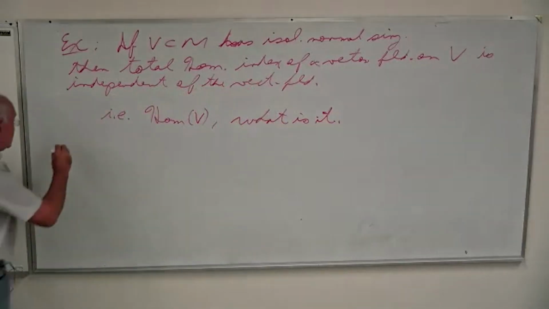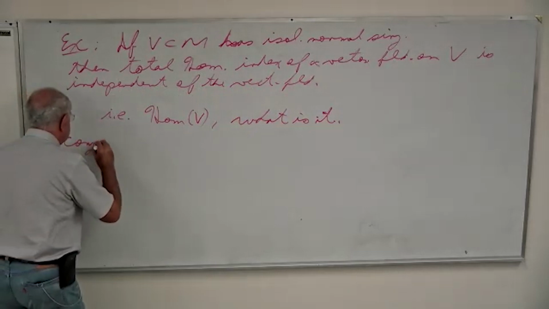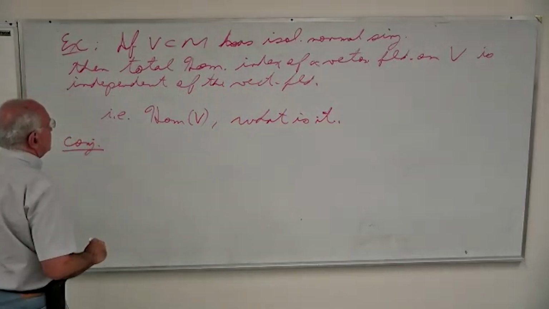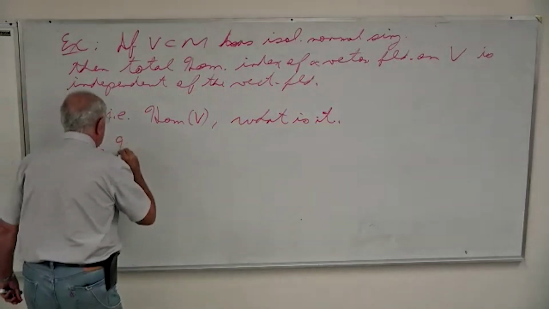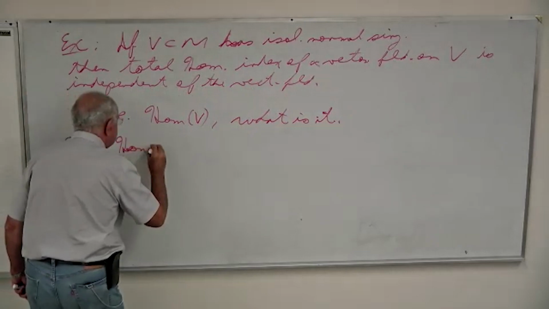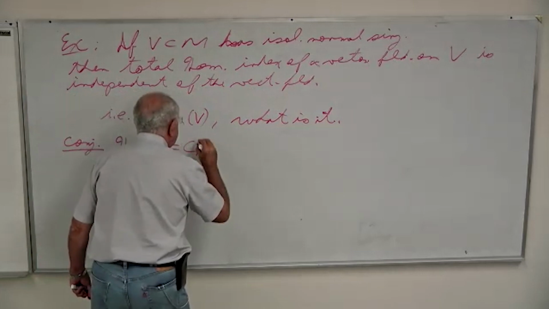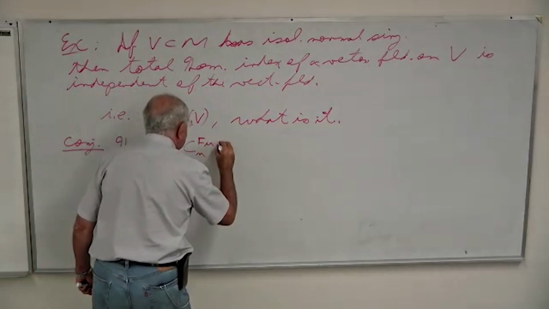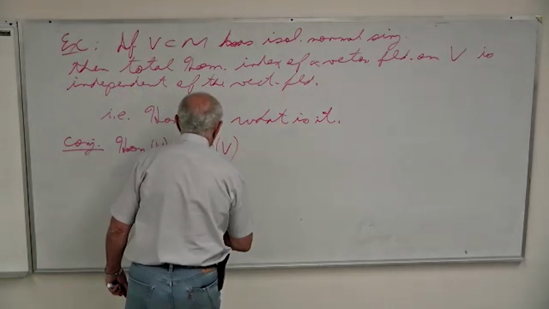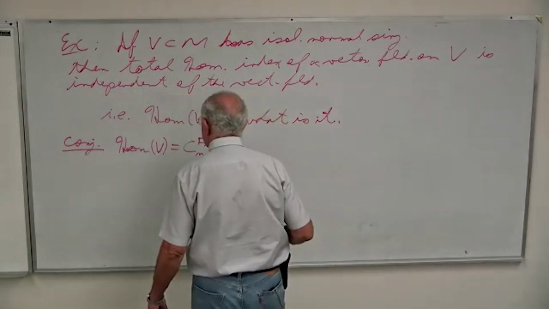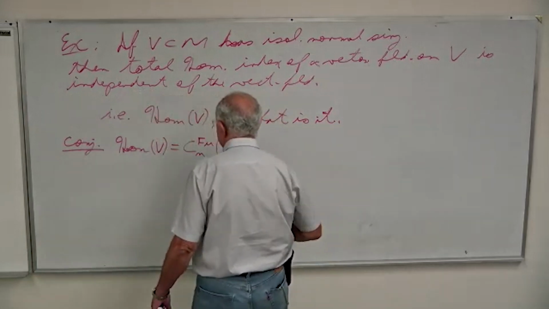I don't know. So my conjecture is that the total homological index of V is the Fulton class of this degree. Yeah, this is my conjecture.